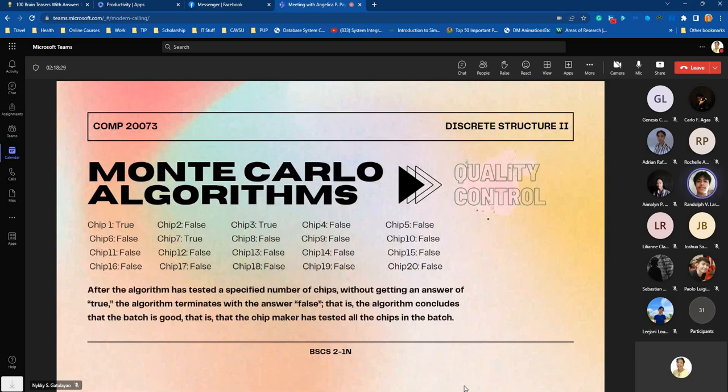So, after the algorithm has tested a specified number of chips, say, 20 chips nga, without getting an answer of true, the algorithm terminates with the answer false. That is, the algorithm concludes that the batch is good, that is, the chip maker has tested all the chips in the batch. So next slide.